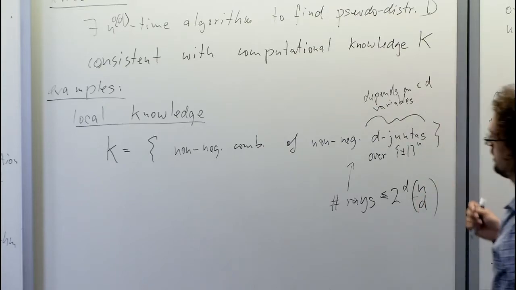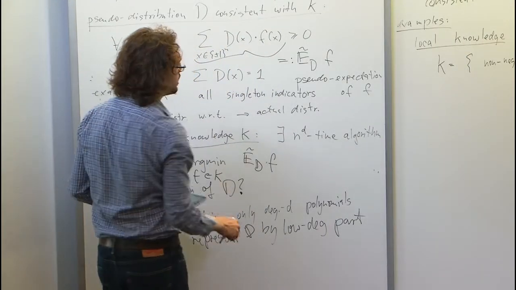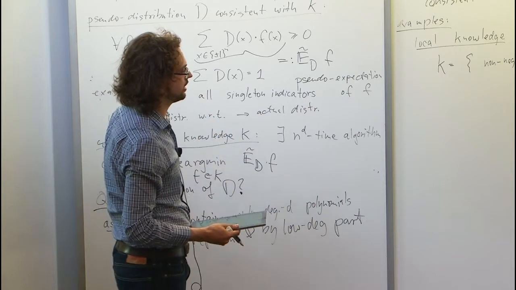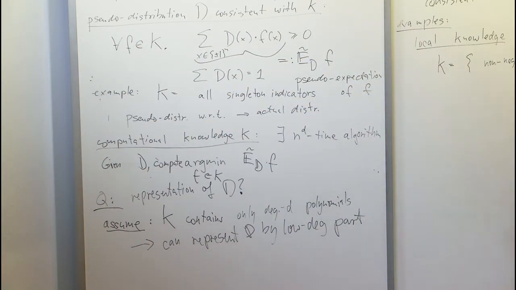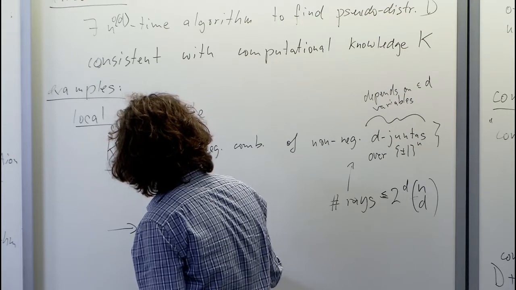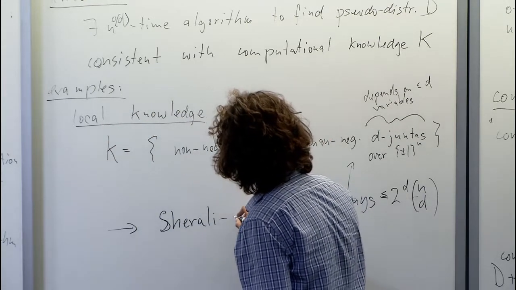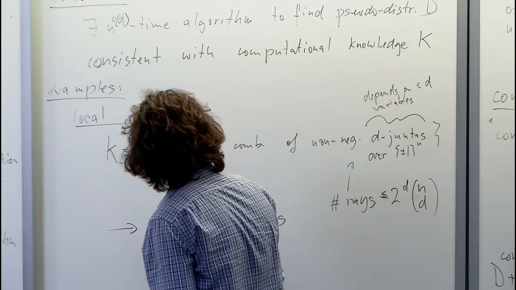So in this case you can just solve this problem by trying out every ray, and it takes time roughly n choose d, n to the d. If you use this kind of local knowledge, the resulting algorithm is called the Adams LP relaxation.